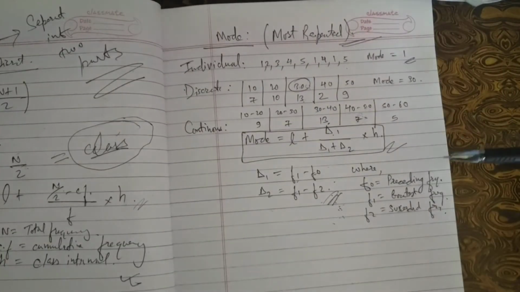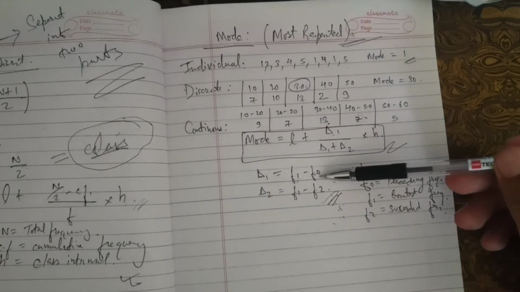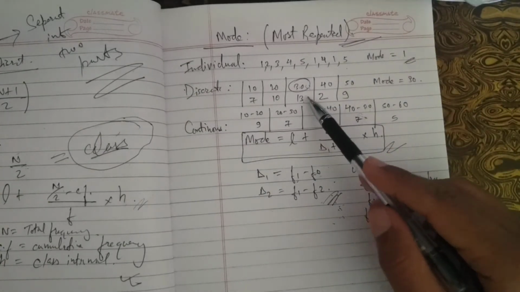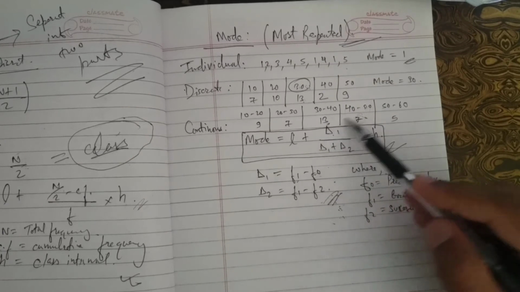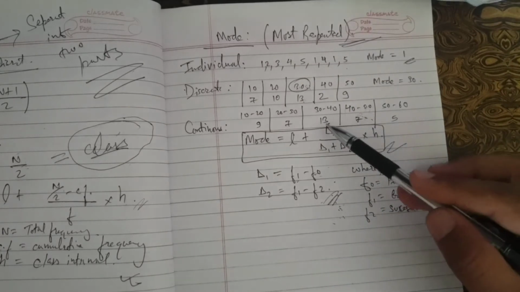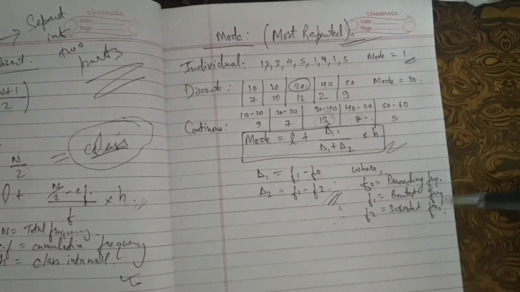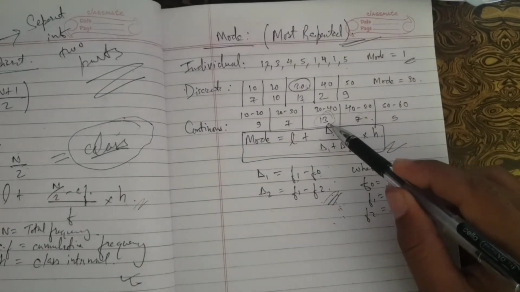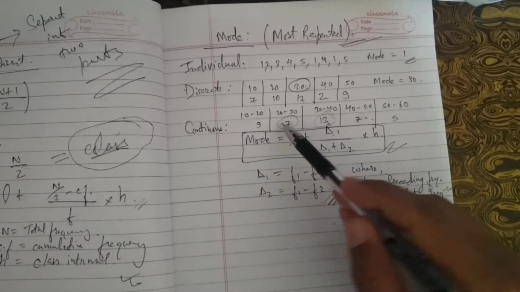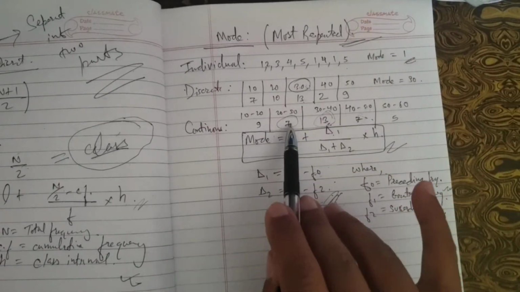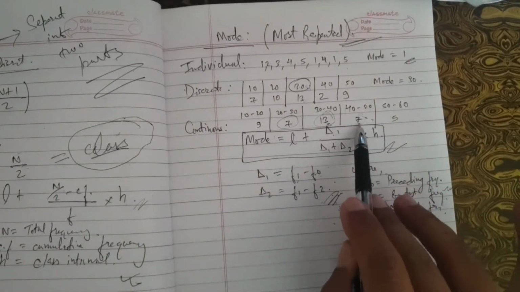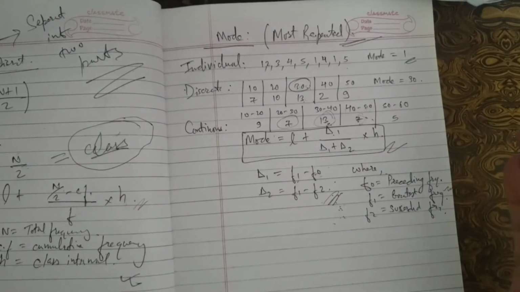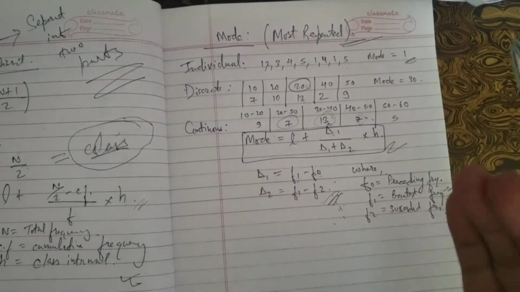So where f0 is basically, see, in this case the highest frequency is 13, so this will be your f1. F1 is the greatest frequency. Then f0 will be this one, the number preceding it, and f2 will be this one, the number which comes after the highest number.